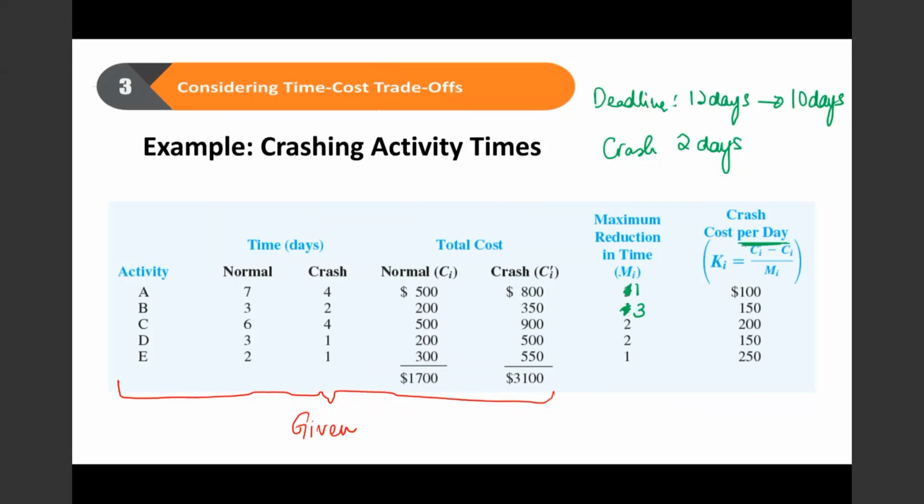Yes, so here the correct one is you crash 1 day of activity A that costs you $100, and then you crash 1 day of activity B, it costs you $150. So now your total extra cost from crashing is $250.